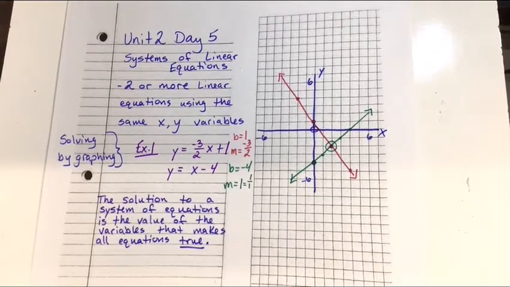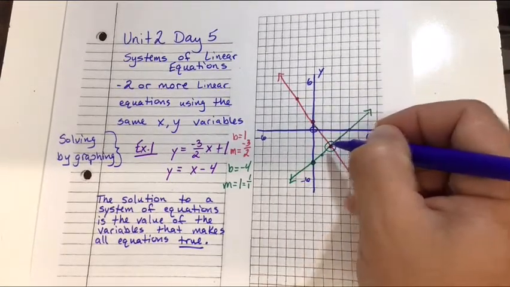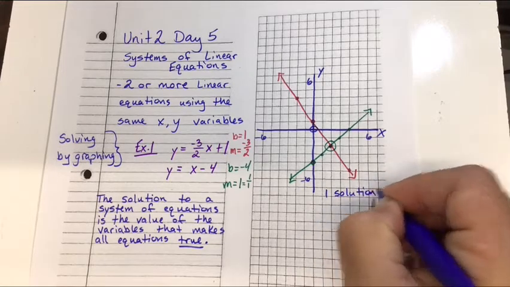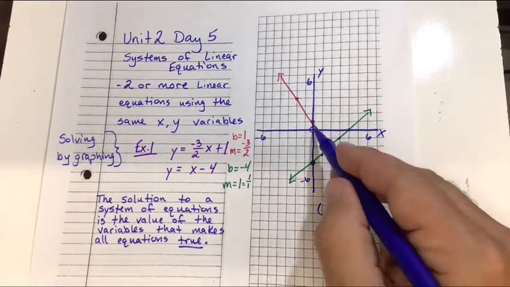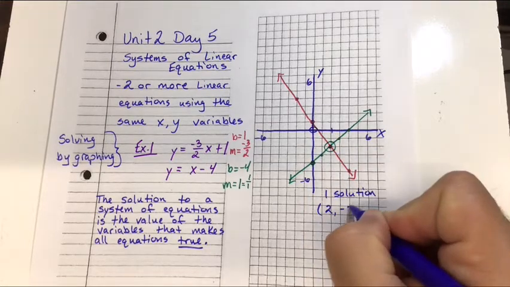It satisfies all equations, or makes them all true. We could have lots of different kinds of solutions. In this case, when the two lines cross, there is only one solution. That's the ordered pair, 2 for the x value and -2 for the y value.